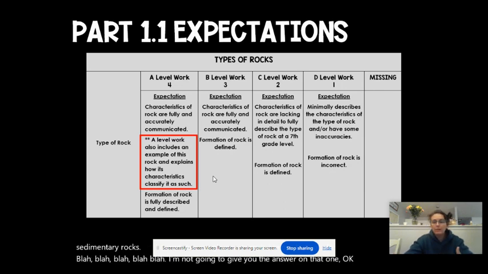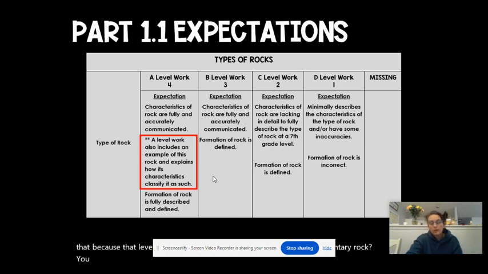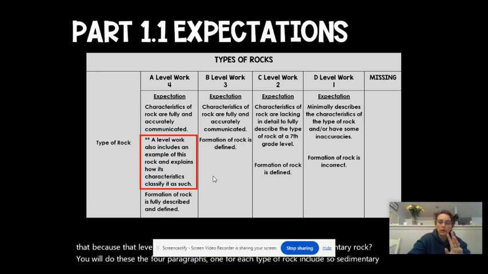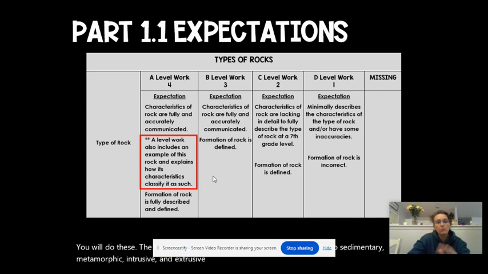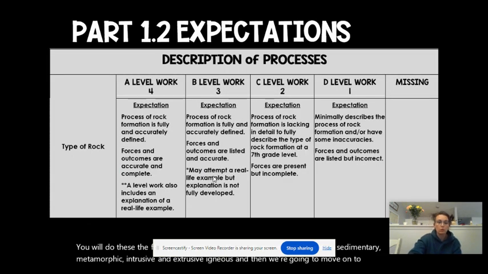So it's adding that because, that level of understanding of how do we know it is a sedimentary rock. You will do these 4 paragraphs, one for each type of rock, so sedimentary, metamorphic, intrusive, and extrusive igneous. And then we're going to move on to part 1.2.